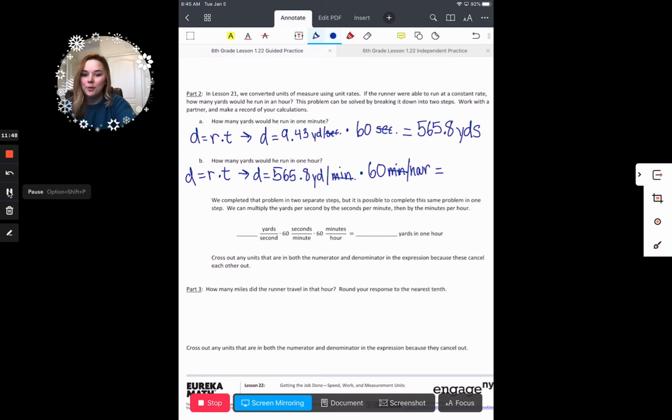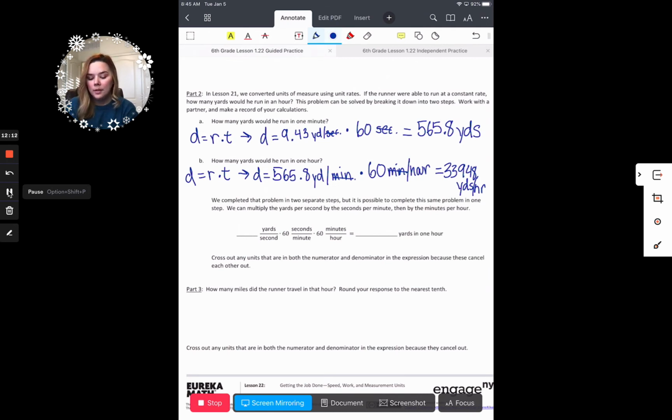All right, so we're going to multiply those two numbers together, and we get this number, 33,948 yards per hour. That's a lot. It's very far.